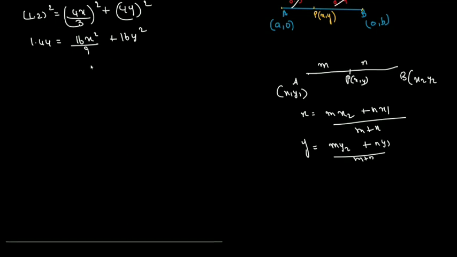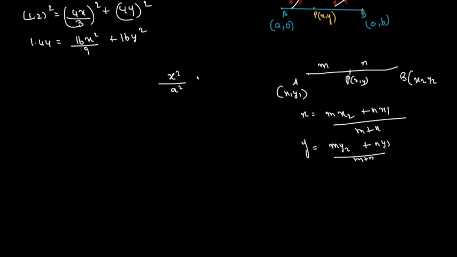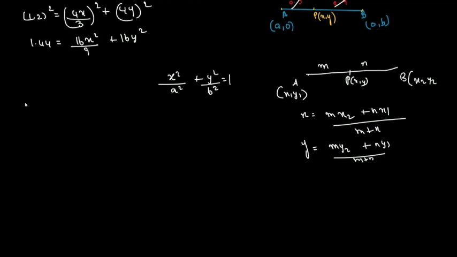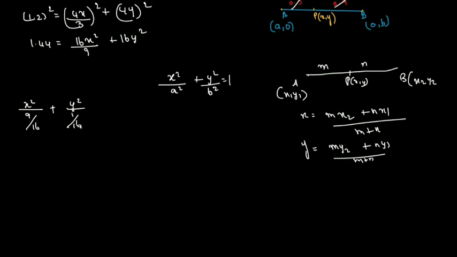Let us bring this to the standard form. You know the standard form of an ellipse is x square by a square plus y square by b square is equal to 1. 16 by 9 x square, you can write as x square by 9 by 16, plus y square by 1 by 16, is equal to 1.44.